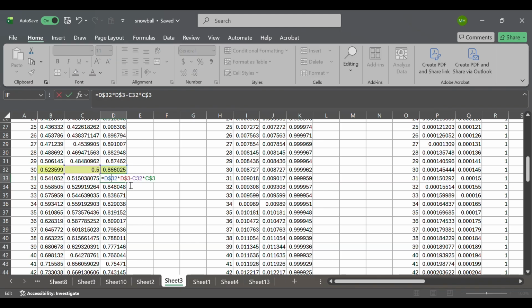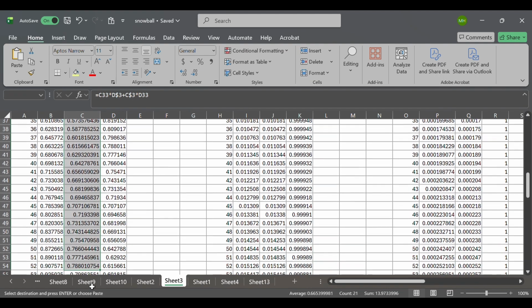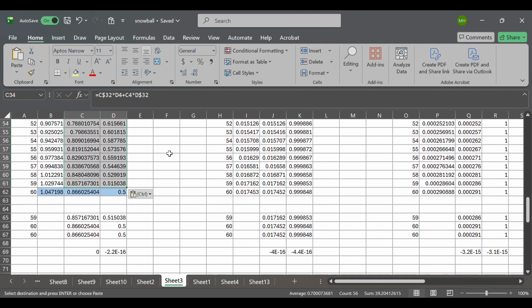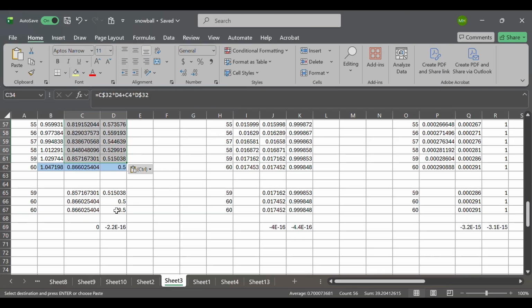We'll put the dollar signs on row 32. Bring it down. So we're doing 30 plus 1, 30 plus 2, etc.